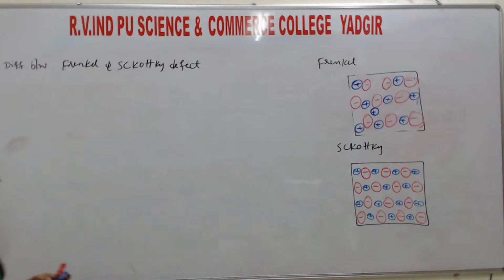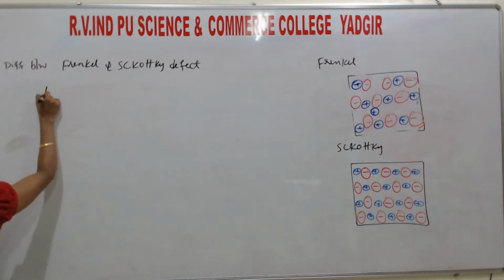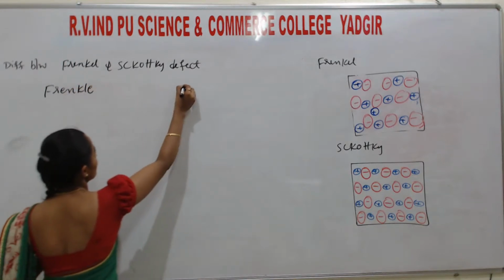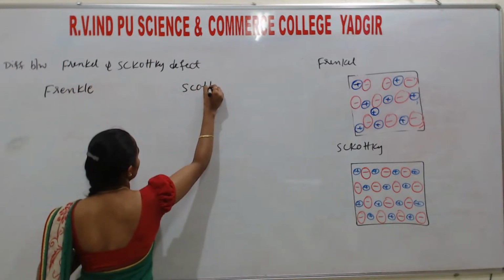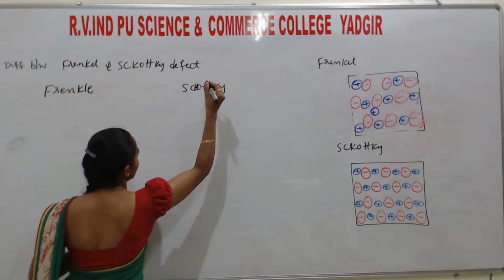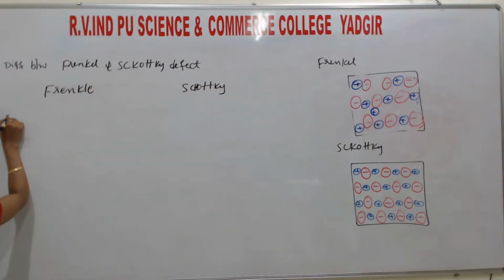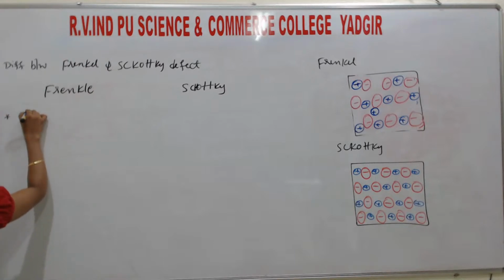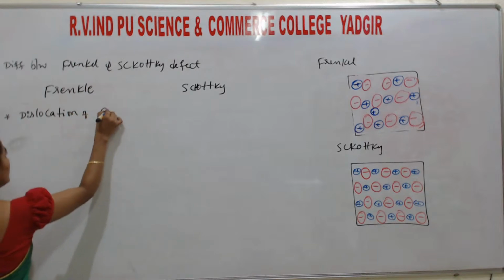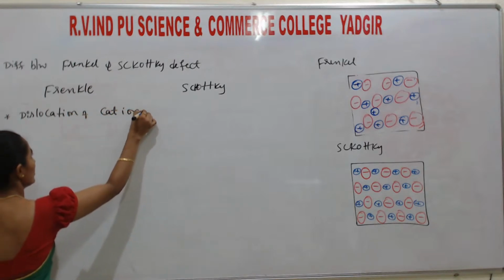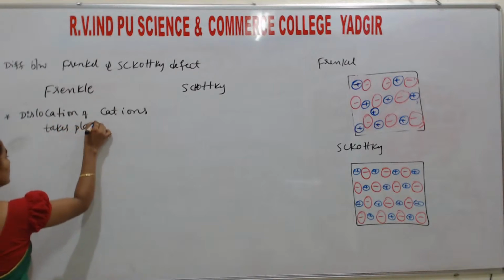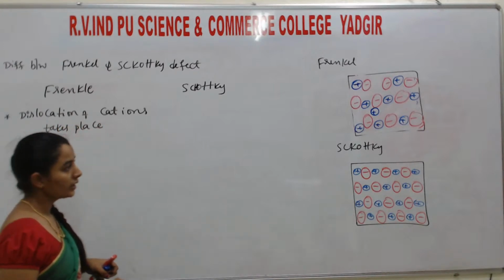So in Schottky defect, you write, sorry, in Frenkel defect, and this one is Schottky. Okay, in Frenkel defect, dislocation of cations takes place. Correct?